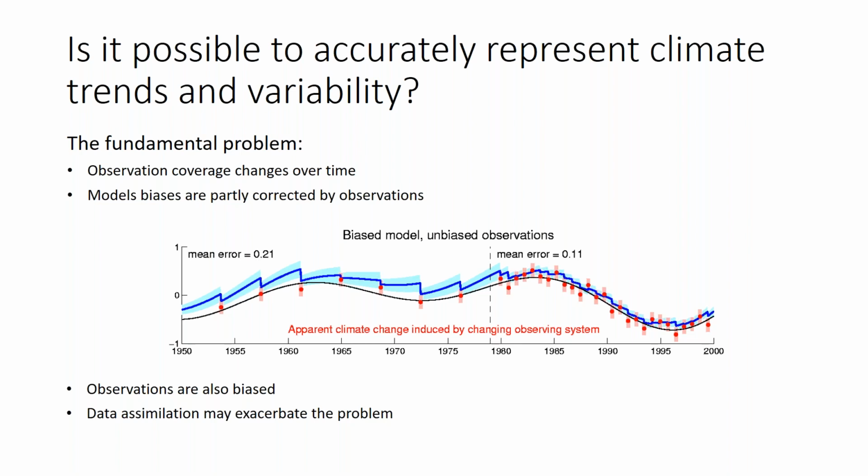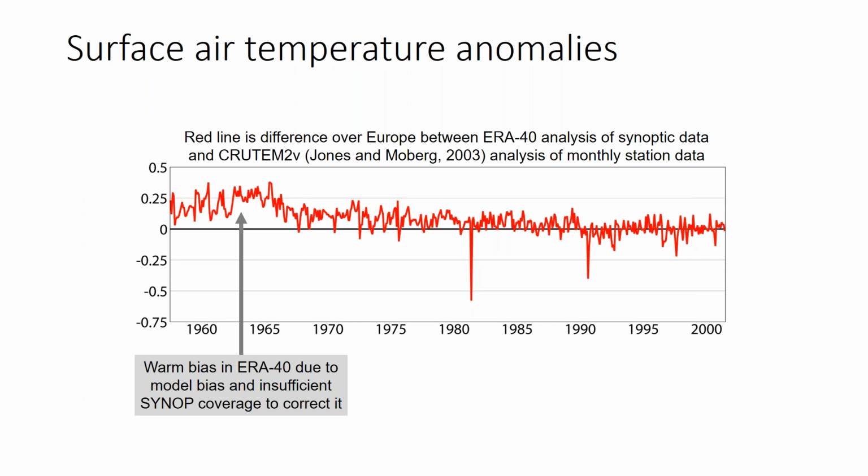So next, please. So here's a real case that is exactly the same as that little cartoon that I just showed. These are 2 meter air temperature anomalies. The difference between ERA-40, which is pretty old by now, and CRUTEM, which is one of the benchmark data sets based on station data.